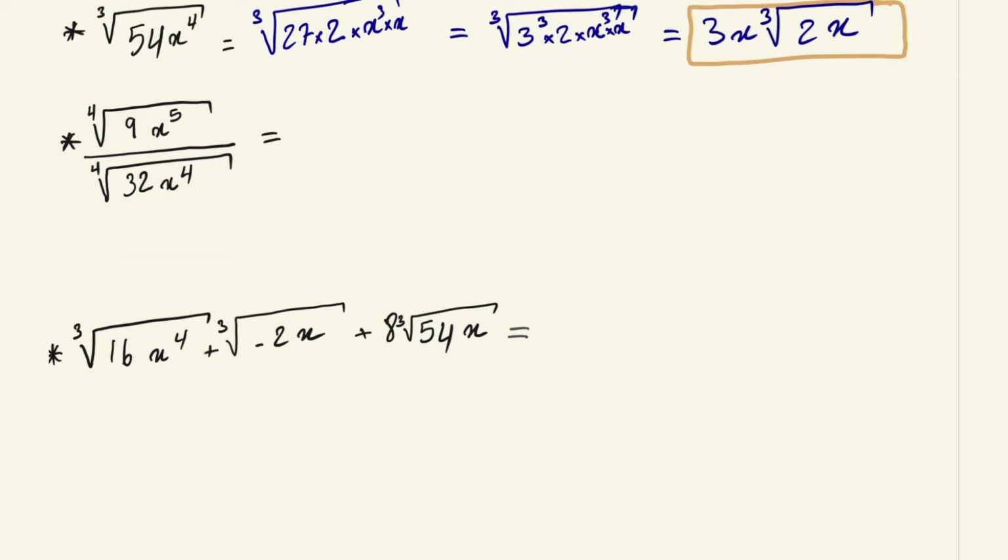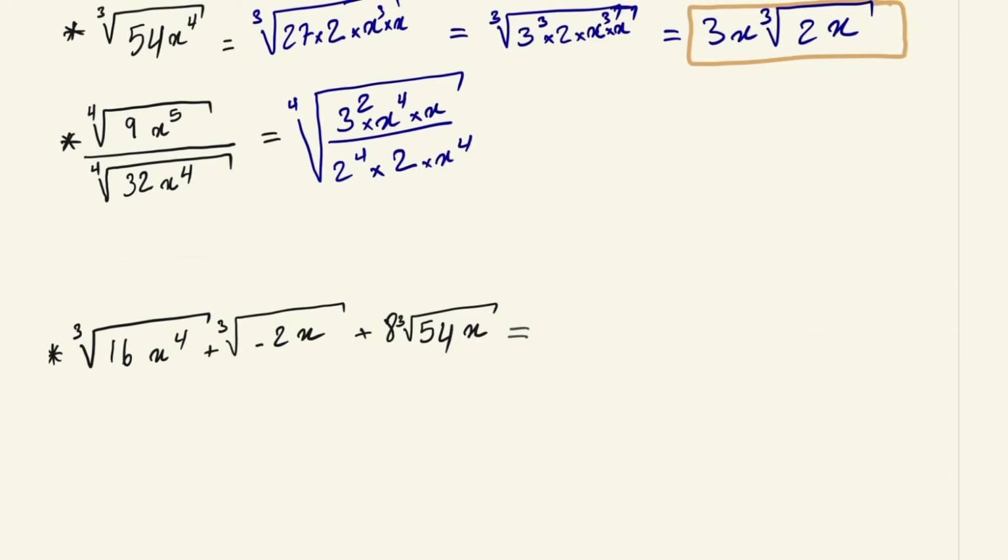We can always combine them like this under one big 4th root. We have 9, which is just 3 squared, multiplied by x to the fourth times another x, so we have x to the fifth. And here 32 is just 2 to the fourth, which is 16, times 2, times x to the fourth.